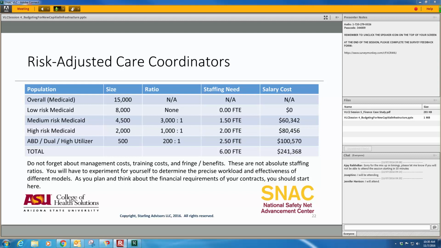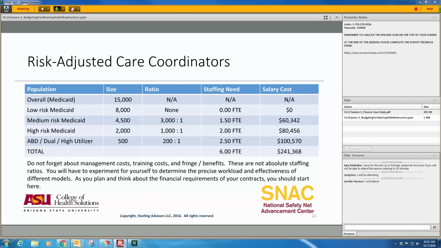This is a very standard grid that talks about how an organization like yours might budget for, or start to think about budgeting for, staff. This actually came out of some work we've done with the Accountable Community for Health model that looks at social risk, social determinants of health, and assigns them to navigators.